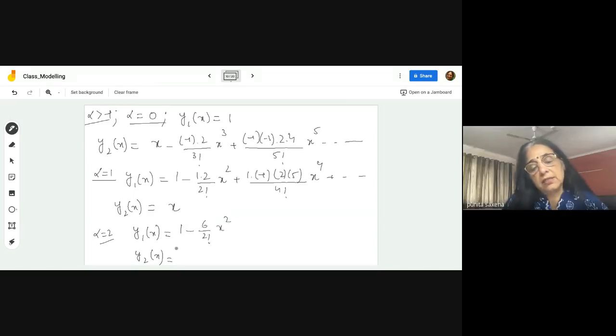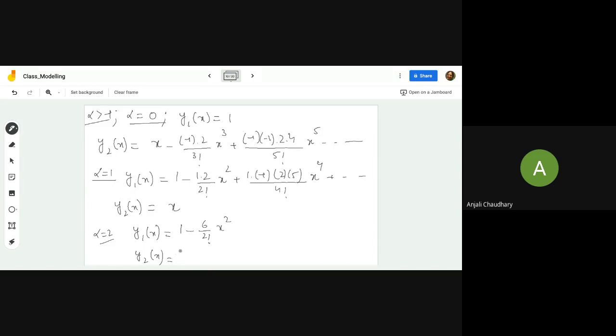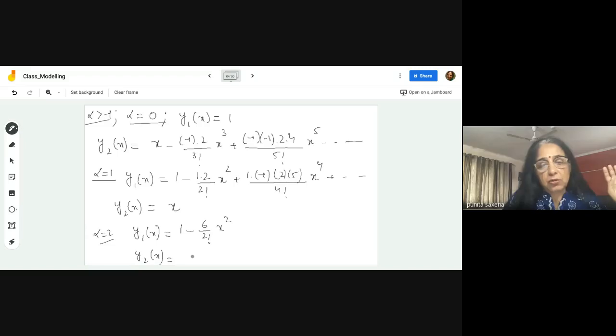This is your y1(x). But what about y2(x)? It is x minus something upon 3, so it is still a series.